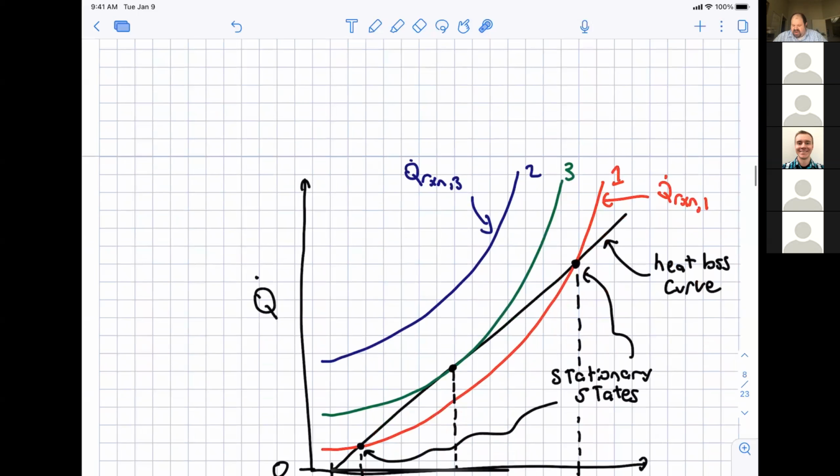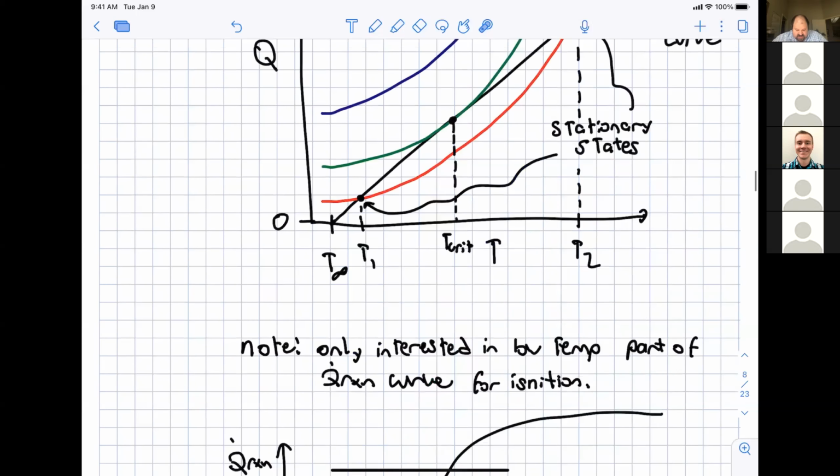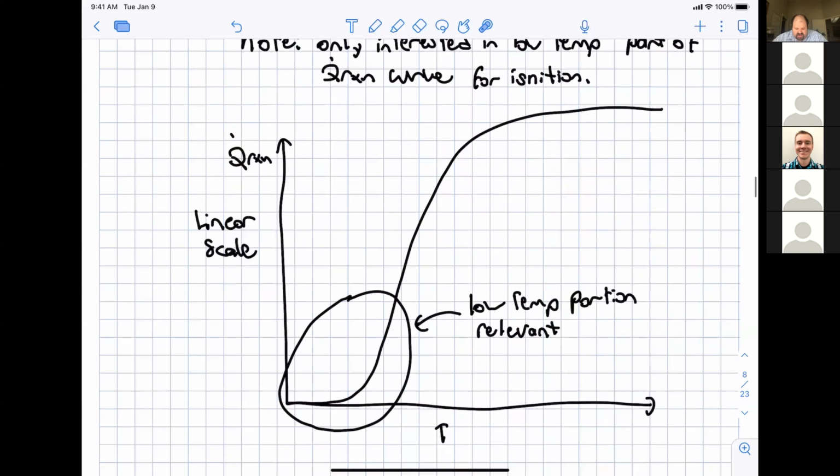Okay, and so graphically, you can think of it like this. Recall that the chemical reaction heat rate on a linear scale looks something like this, and this is due to the Arrhenius term.